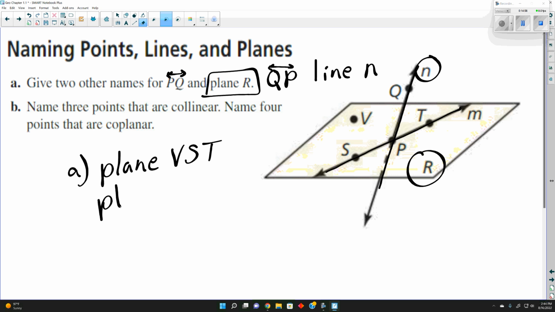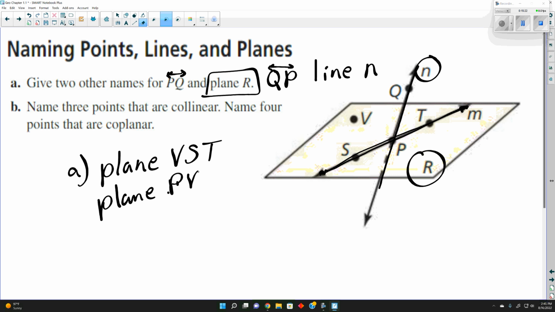Yeah, actually we can. So we can use P. What else can we use with it? We couldn't use M because M is actually just naming the whole line. That whole line is line M. So we need two other letters. We can use P. What else can we use?